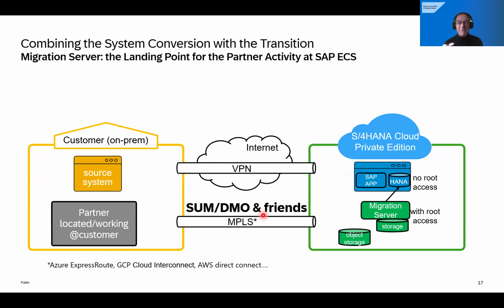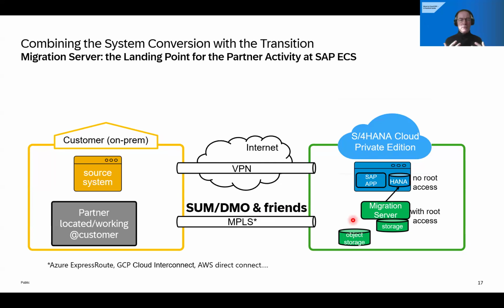We will have a look. That means for other scenarios where we do not use the software update manager, you can imagine maybe a tenant copy from S/4HANA to S/4HANA, we do not use the software update manager, or a fresh installation with the software provisioning manager, always the same approach. The partner gets access to this migration server.